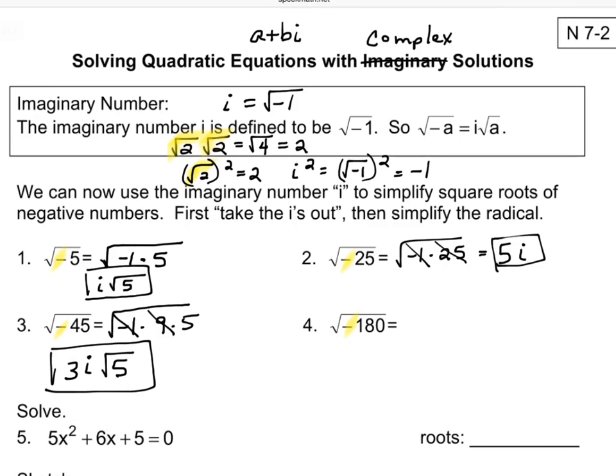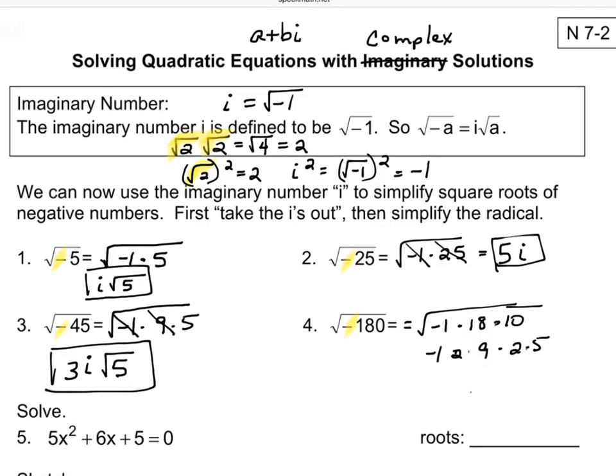Now the square root of -180, we might have to do a prime factorization. We know that we have negative 1 times 18 times 10. So 18 is 2 times 9, and 10 is 2 times 5.